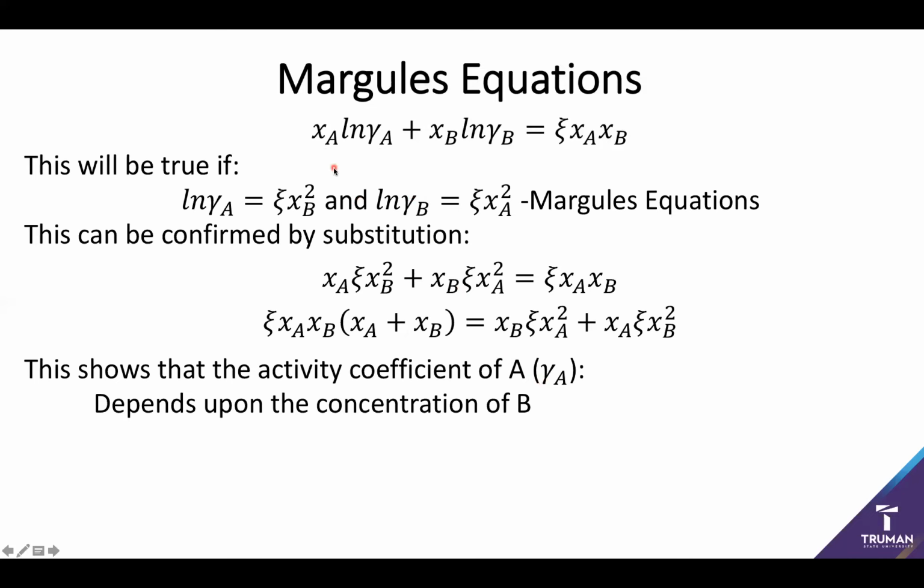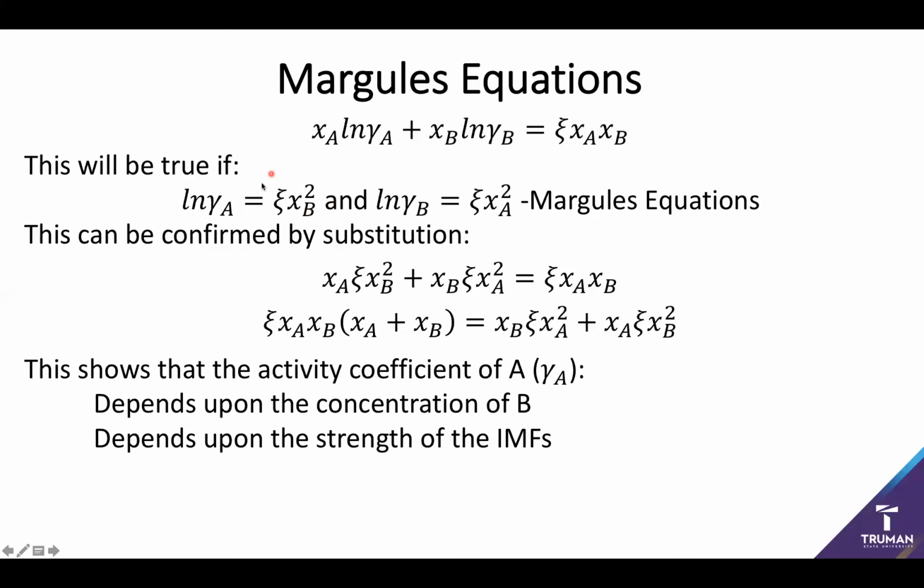First of all, it turns out that the activity coefficient, so how close to ideality A is, depends on the concentration of B. The more B is present, the less ideal it's going to behave, which again makes sense because the whole premise about ideality was a system is going to tend to behave ideally if all it's surrounded by is itself. And the more other things it's interacting with, the less it's going to behave like itself.